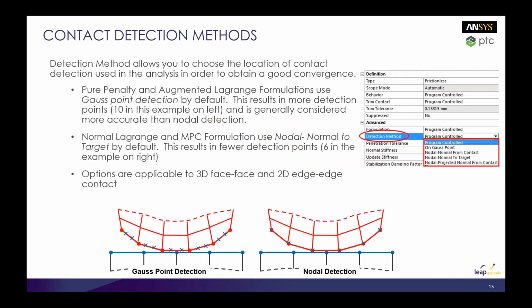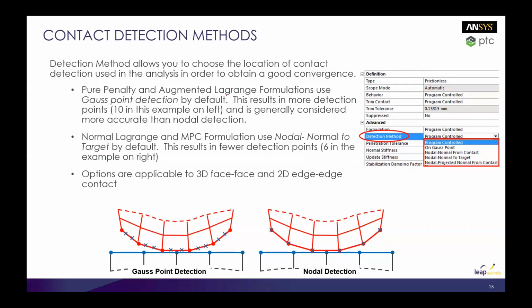Okay, so another important aspect of the contact is where we detect if contact is happening or not. Pure penalty and Augmented Lagrange by default use Gauss point detection.